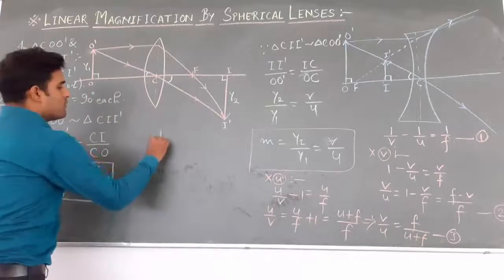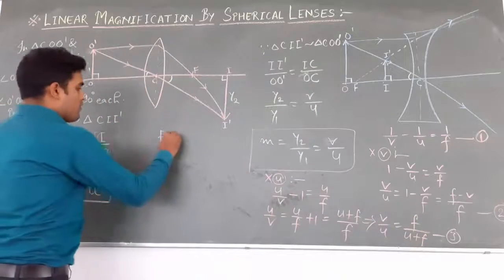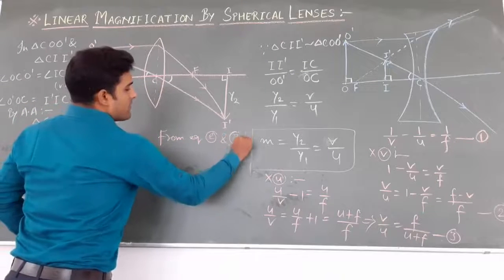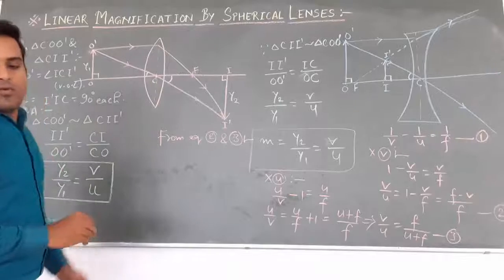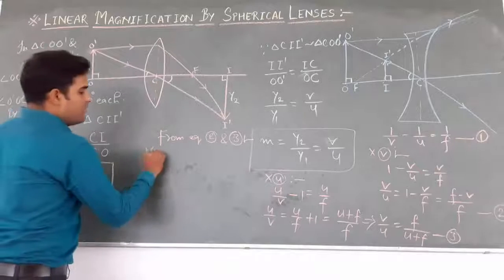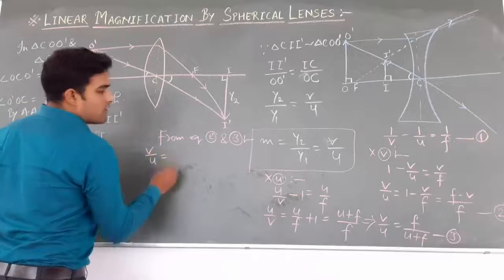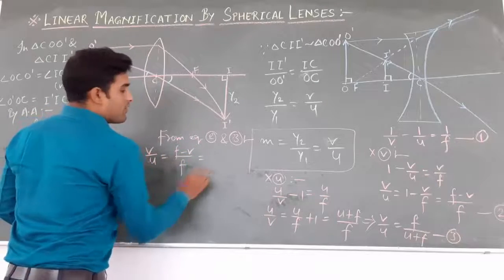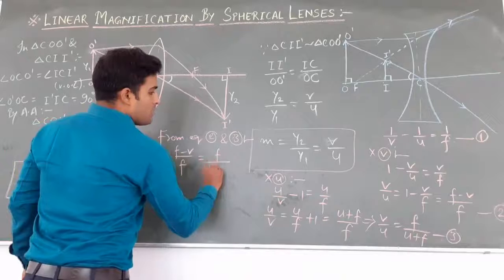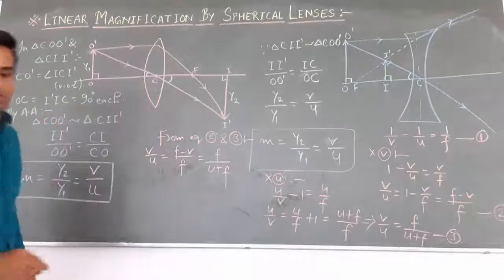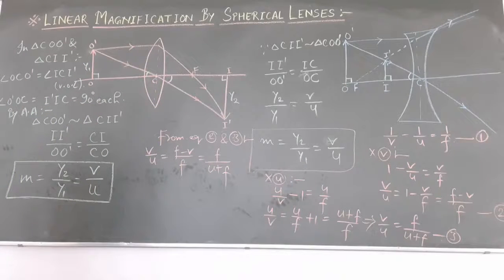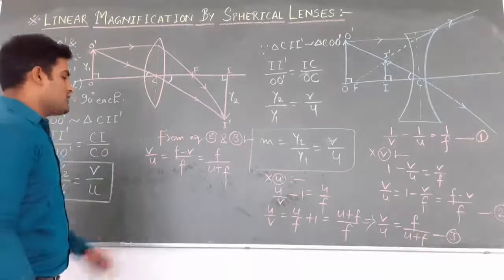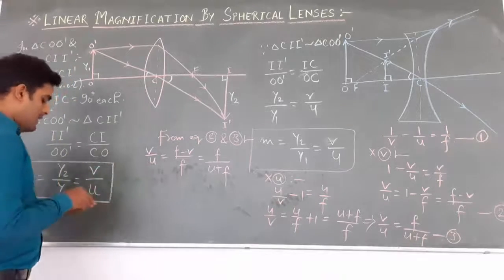In equation number 2, V by U is equal to (F minus V) upon F, and in equation number 3, V by U is equal to F upon (U plus F). So when we compare equations 2 and 3, we can write V by U is equal to (F minus V) upon F is equal to F upon (U plus F). Is it okay? Yes. Now V by U, the distance of image to the distance of object, is the linear magnification.